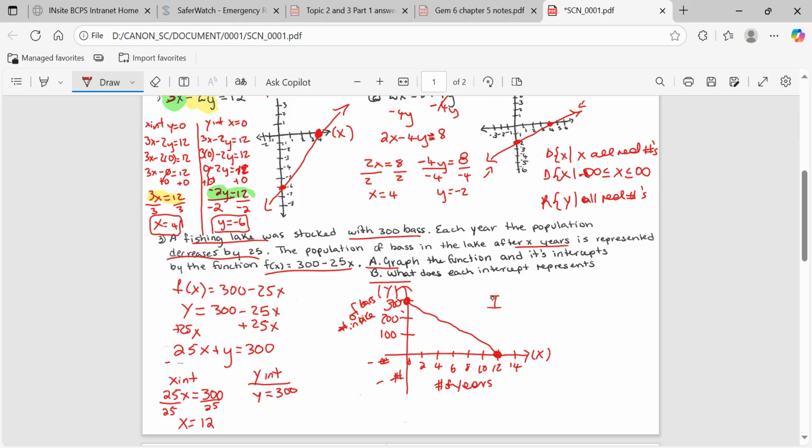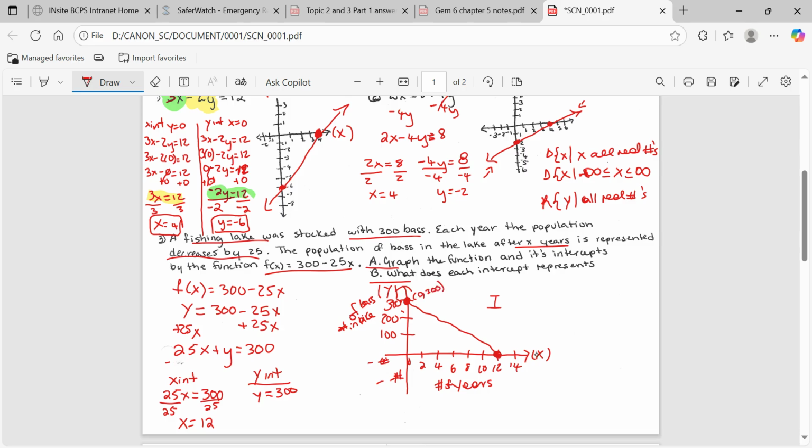Okay. So now they want to know what does this represent? The y-intercept, which is here, what does that represent? Well, they told me in the beginning, the lake was stocked with 300 bass. That's my starting point. That's my beginning. So the y-intercept, that beginning, is here at 0, 300.